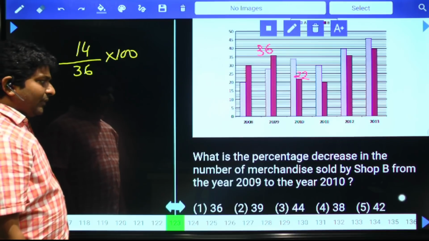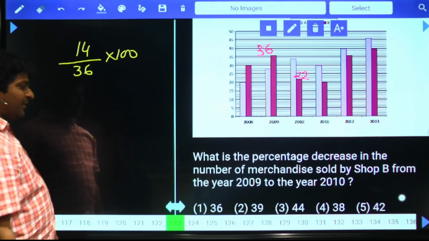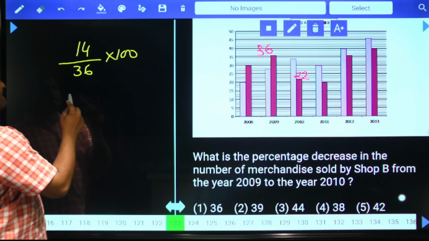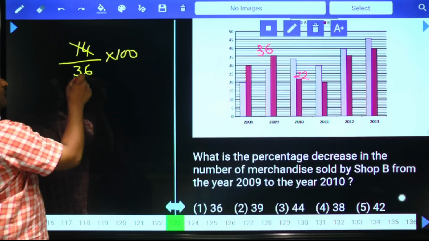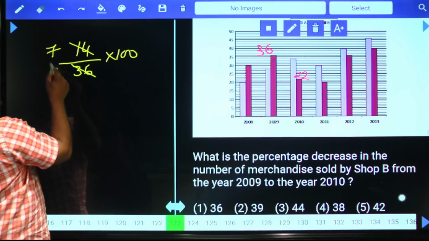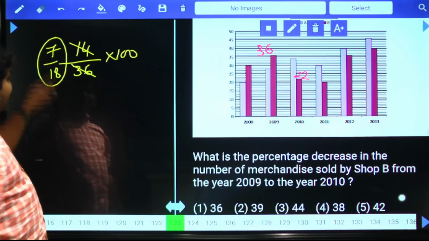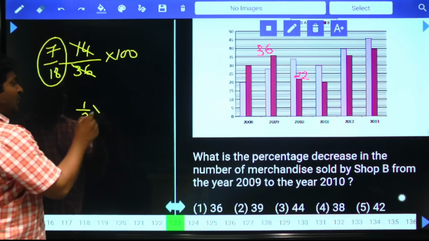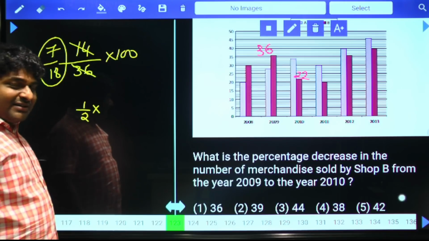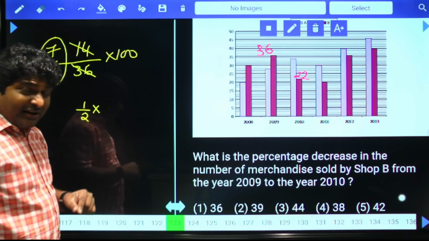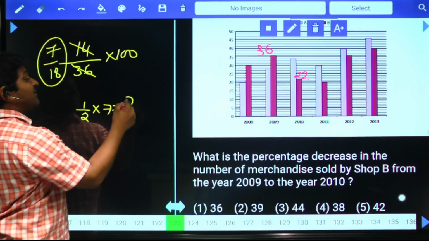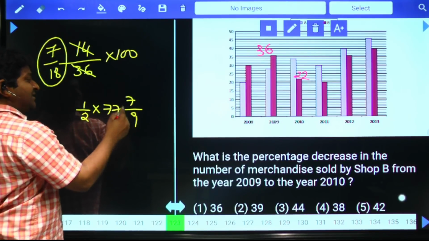Now, 7 by 18 we have to calculate. I will take 7 by 18 as 1 by 2 into 7 by 9. 1 by 2 into 7 by 9 is equal to 7 by 18 only. 1/9 is equal to 11 1 by 9, so 7/9 is 77.